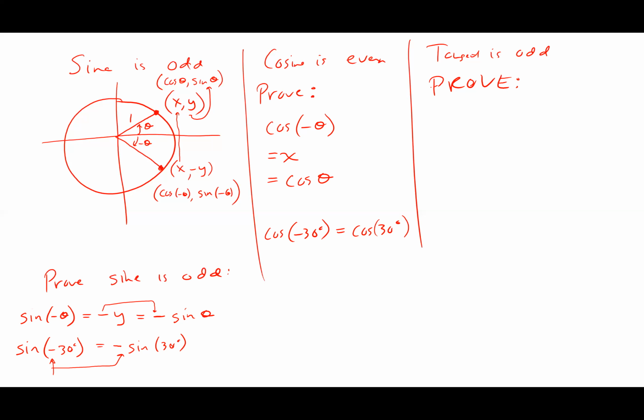And we somehow have to have a negative on the outside, right? Because we're trying to prove that tangent is an odd function. Right, anybody think they got it?